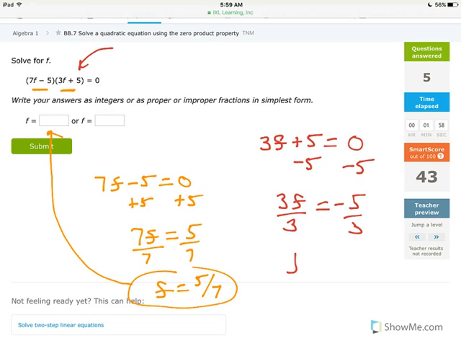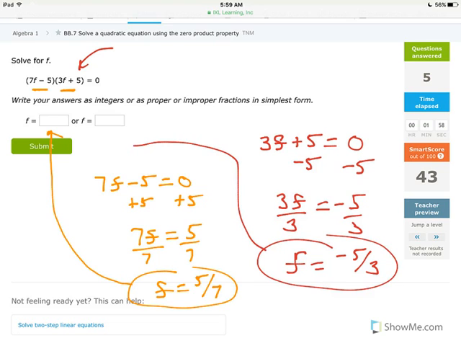So f would have to be negative 5/3. So that would go into the other answer box. So when you get these types of problems and you can't do them in your head, set them each equal to 0 and solve each case.